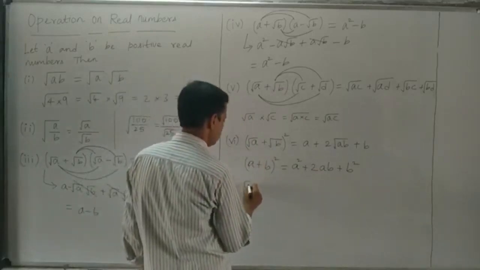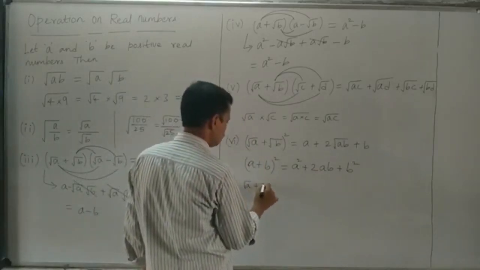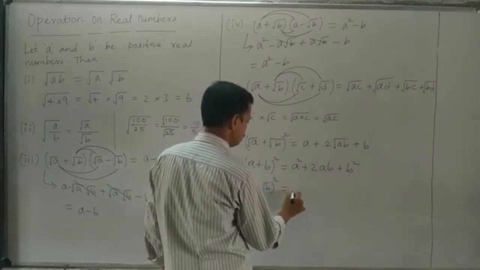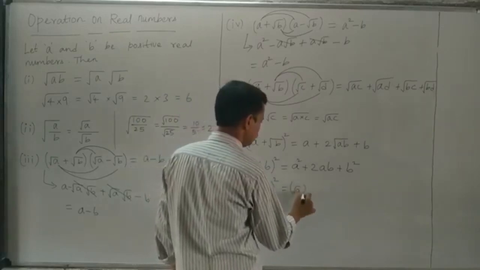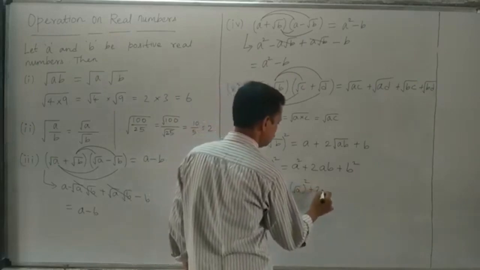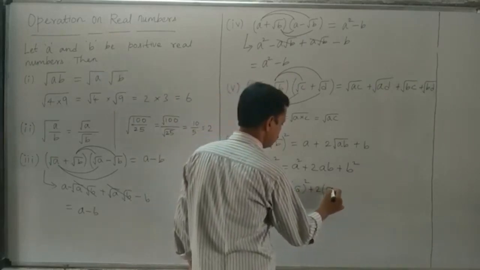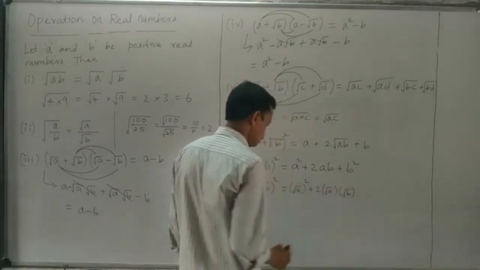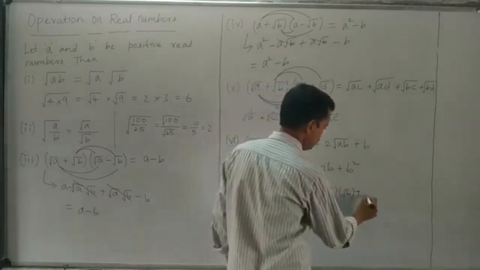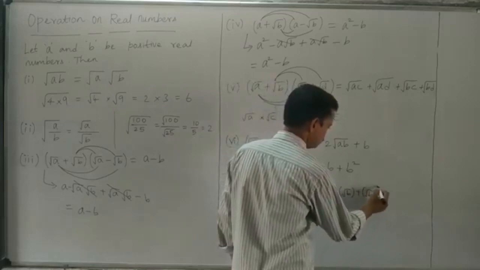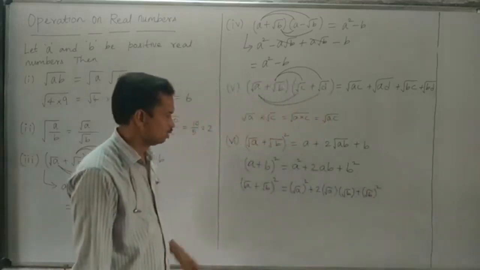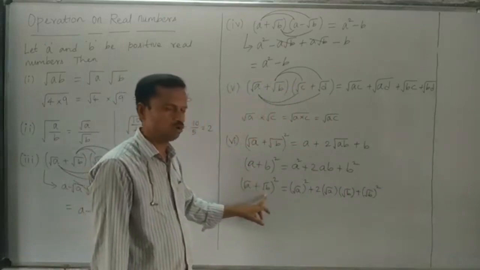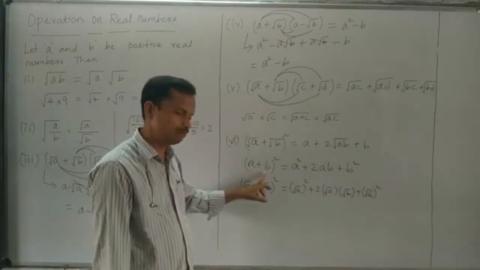Root A plus root B whole square equals root A whole square plus 2 into root A into root B, and then plus root B the whole square. We just apply root A instead of A, root B instead of B.